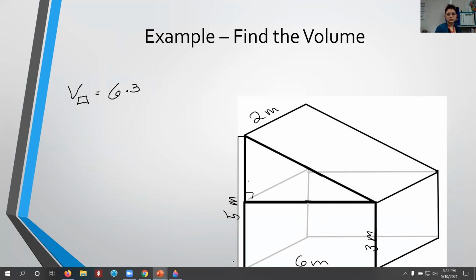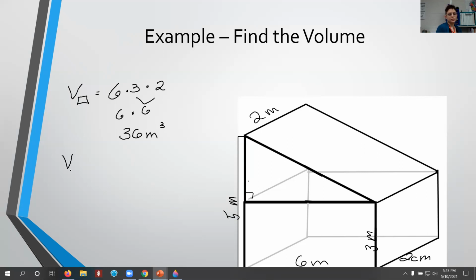Again, I don't see my third dimension, but I do see this 2 that's traveling in the same direction. That means any lines traveling from the foreground to the background are 2 centimeters. So 6 times 3 times 2. 3 times 2 is 6. 6 times 6 is 36 meters cubed.